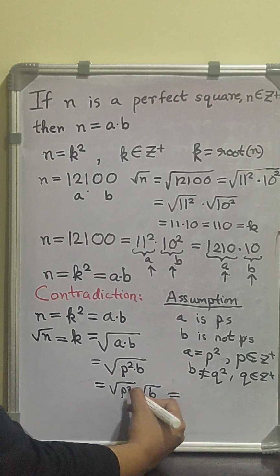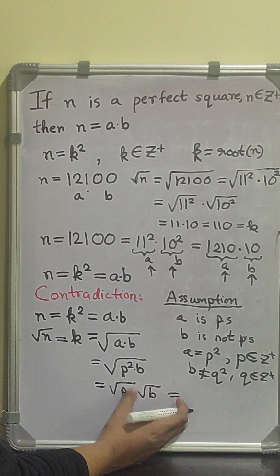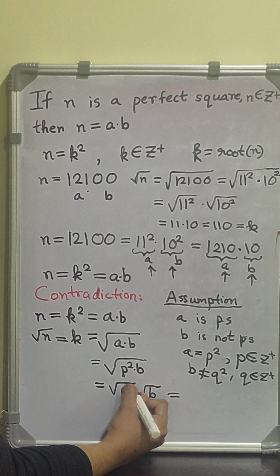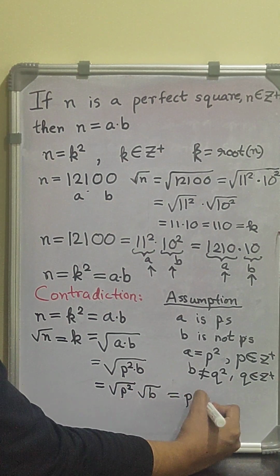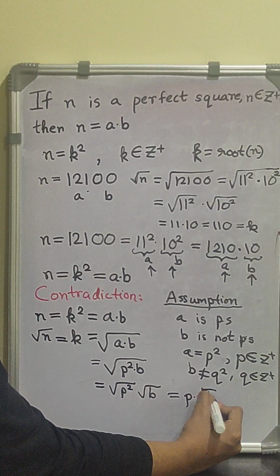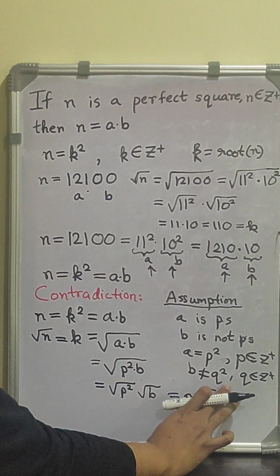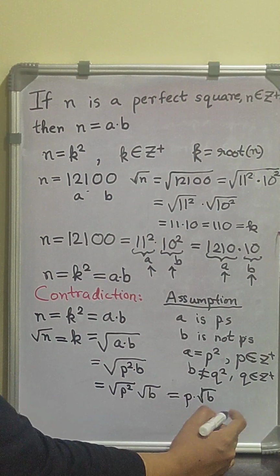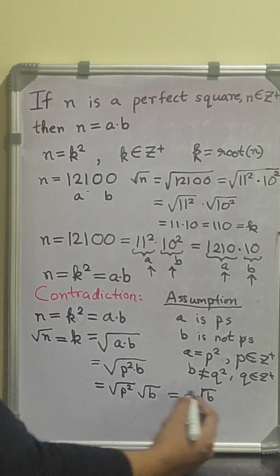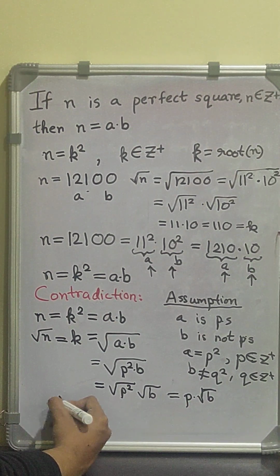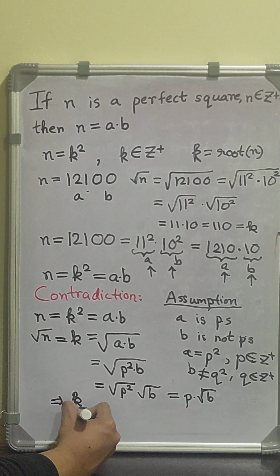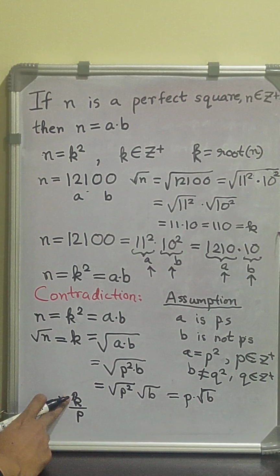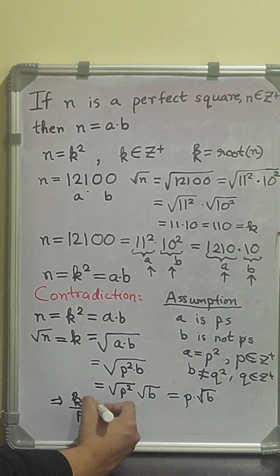So this was p squared under root, so this will be just p times root b. Now unfortunately b is not a perfect square by assumption. So if I try to do this, k over p equals root b. Now remember that k was a positive integer and p is a positive integer too.